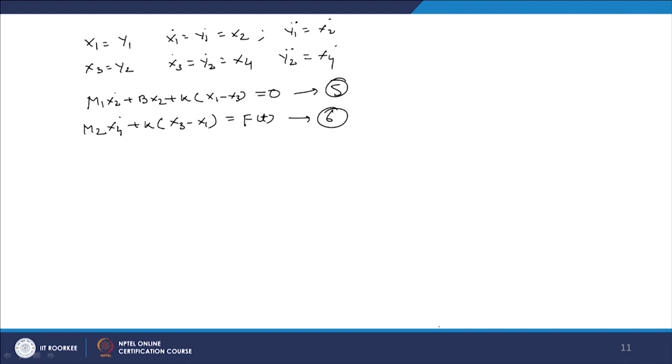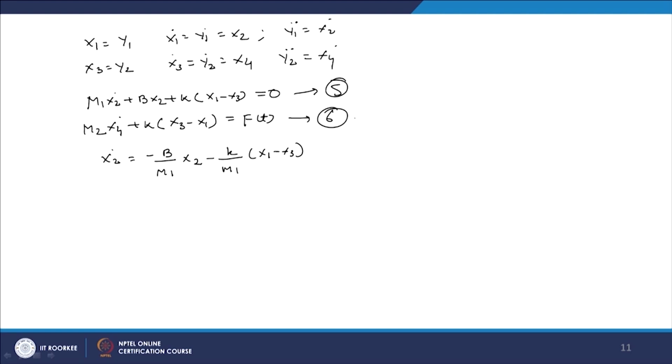So now we want the equation in terms of state space model. Therefore from equation 5 we can write x2 dot equals minus b by m1 into x2 minus k by m1 into x1 minus x3.